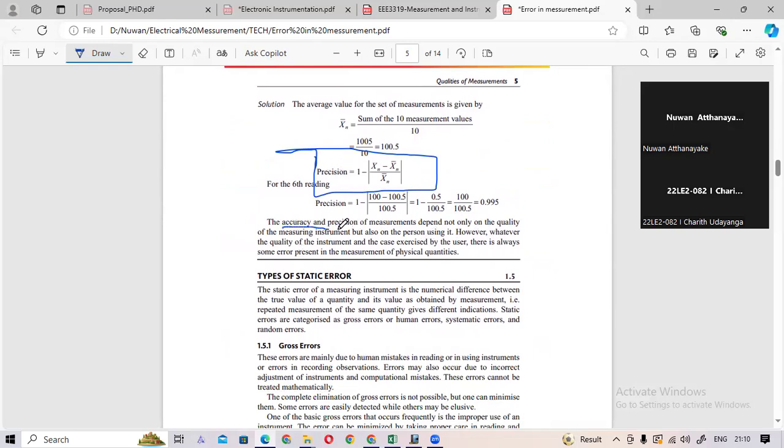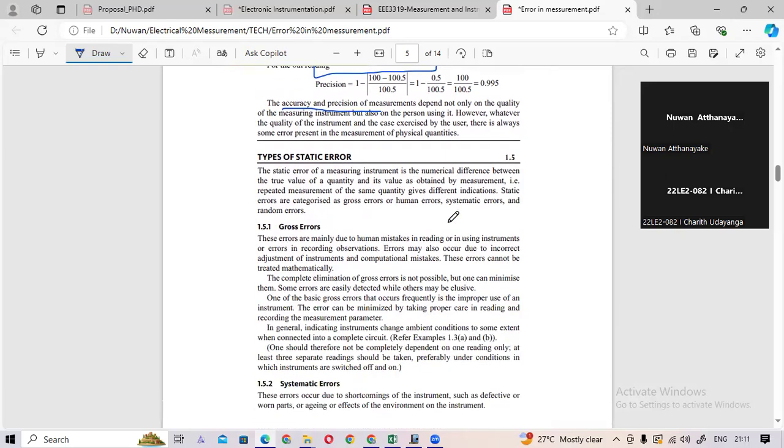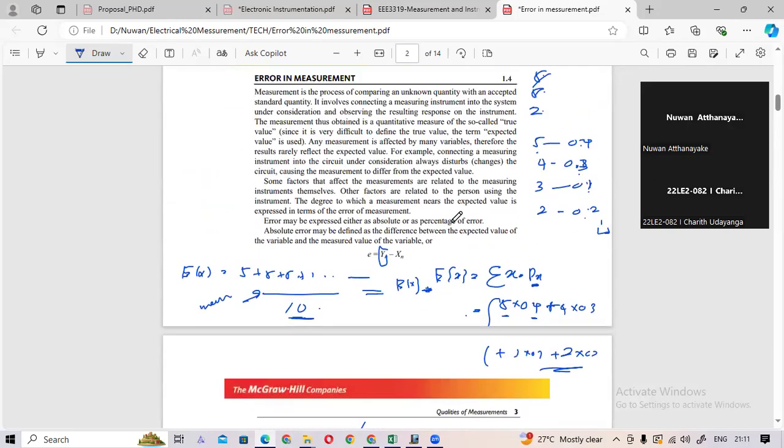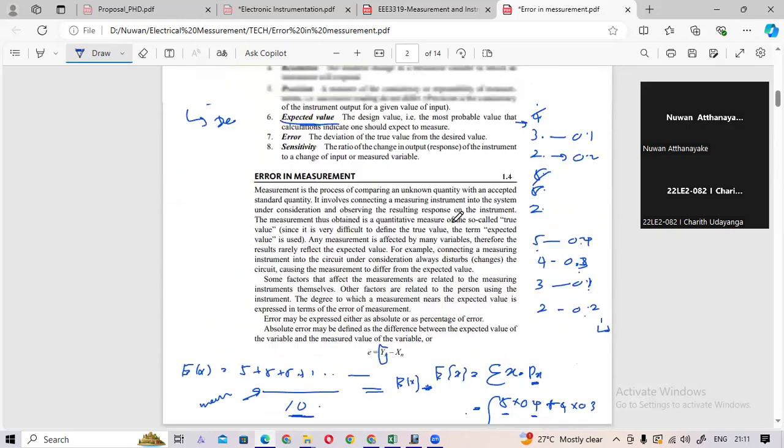So you can see that precision and accuracy, read this one. Try to understand those terms also. Accuracy or precision, just like the same thing. It gives us the quality of the measuring instrument. So those are the static characteristics.